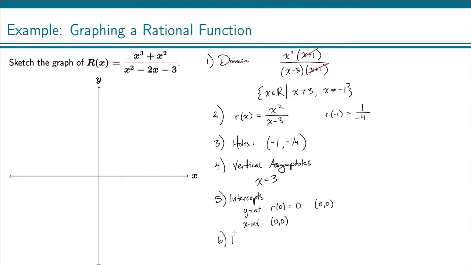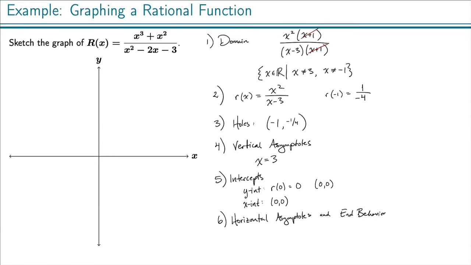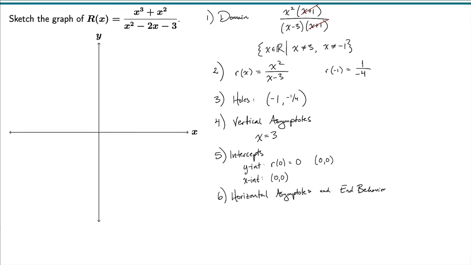And finally, we want horizontal asymptotes and end behavior. It may not be a horizontal asymptote. We may have a different type of asymptote or some other behavior to look at.